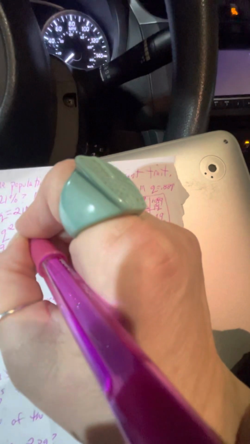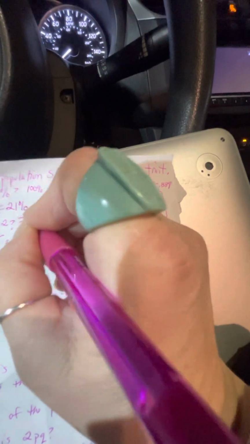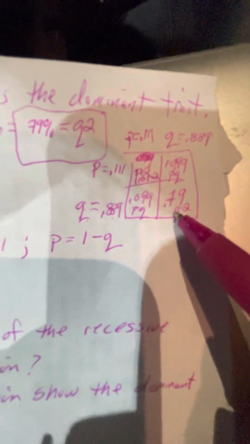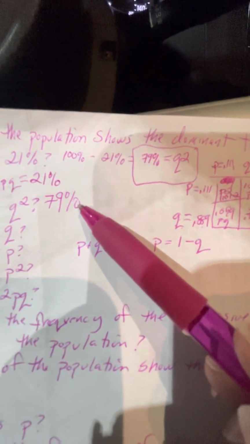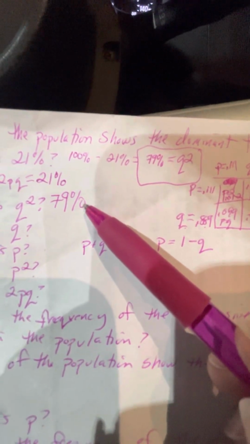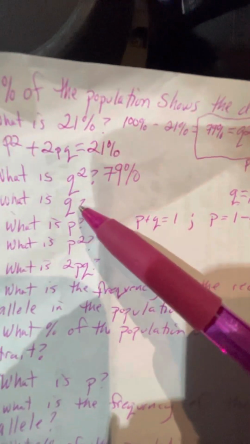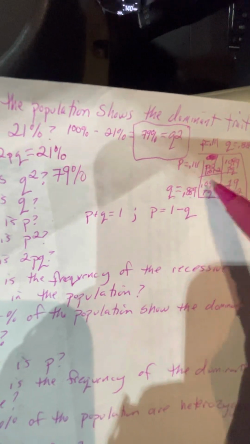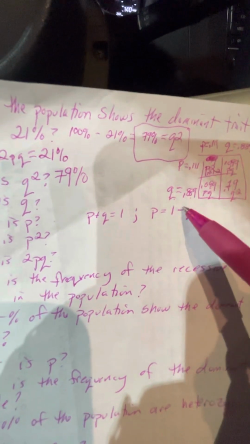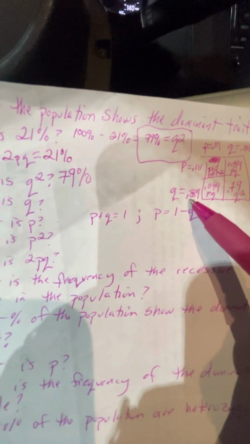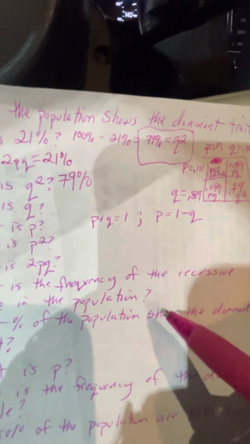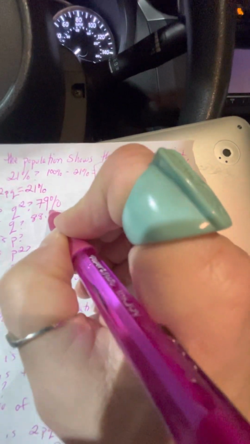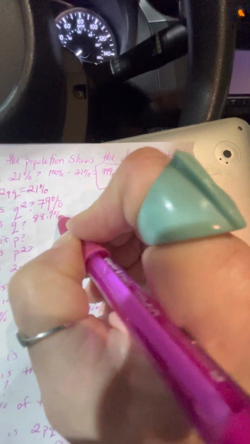I want them in allele frequency or percentage, so I take this 0.79 times 100 to get 79%. What is Q? Q here and Q here. My Q value is 0.889. Times that by 100%, and Q is 88.9%.